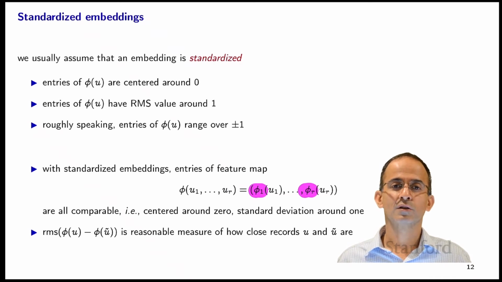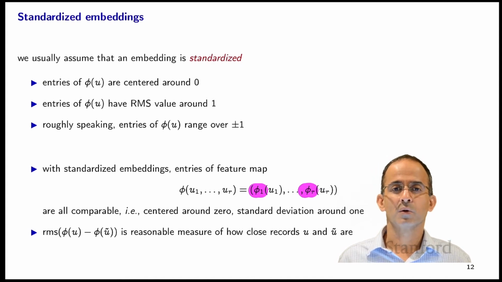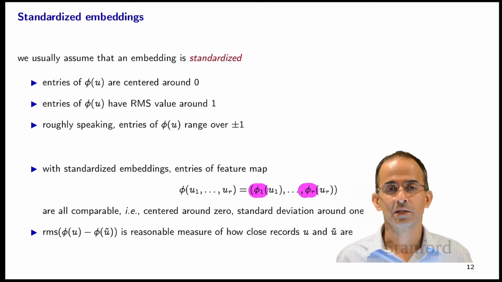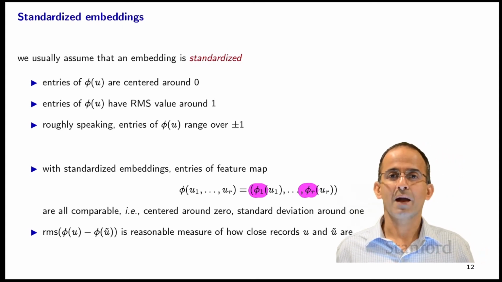A large value of x1, which is phi 1 of u1, and a large value of x2, phi 2 of u2, will both be around 1 or 2, and a small value will both be around minus 1 or minus 2. And it means that we can compare them. We don't need to worry about what units the original data u1 and u2 was in, or what magnitude they naturally have. We've normalized.